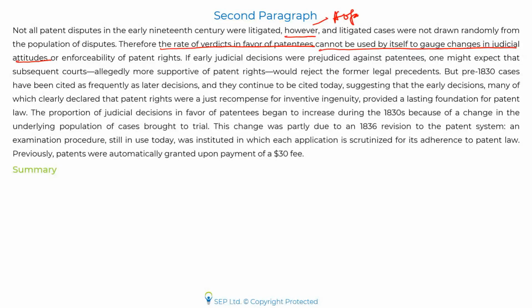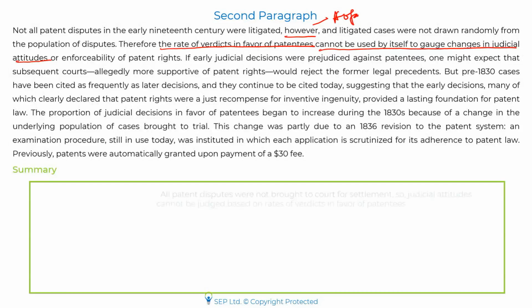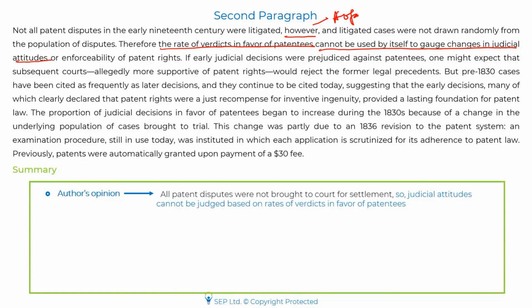Remember, scholars believe judicial attitudes changed. The author does not believe judicial attitudes changed, because the author is saying just because the verdict rate changed, you cannot say that the judicial attitude changed, because the litigated cases were not represented properly. All right.